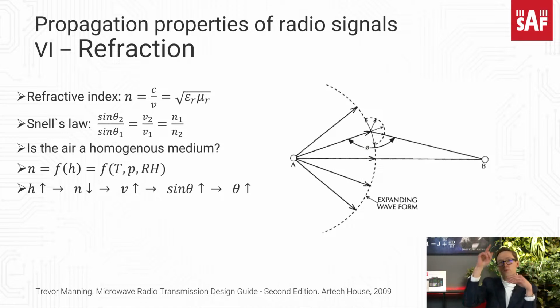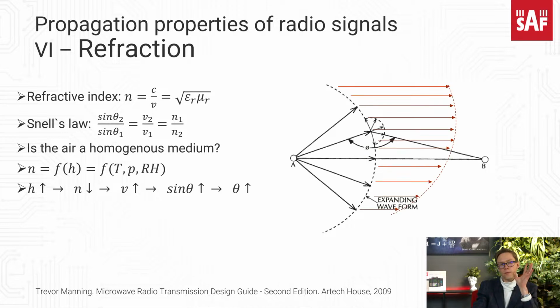But if we take as an example a radio wave, it can have a very large wavefront, as we learned from the Huygens principle and from the diffraction. So the upper part of this wavefront propagates with higher speed than the lower part of this wavefront because of the smaller refractive index.